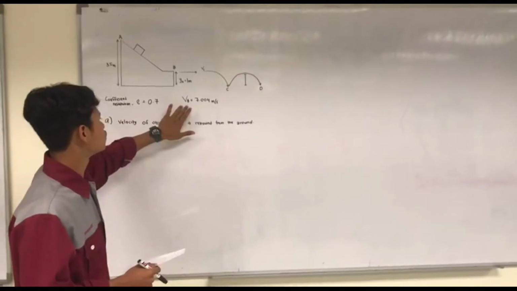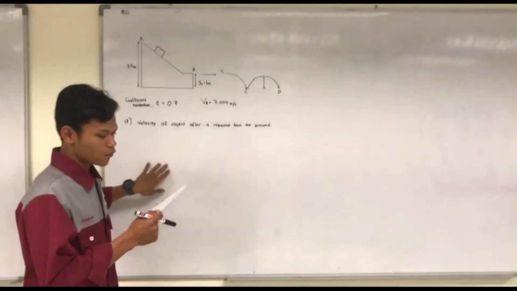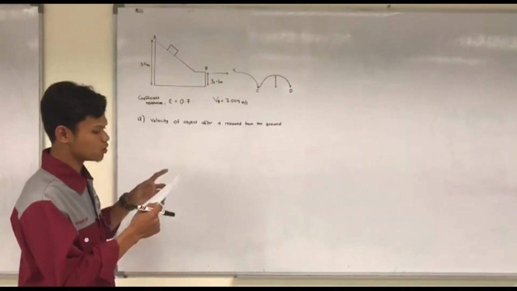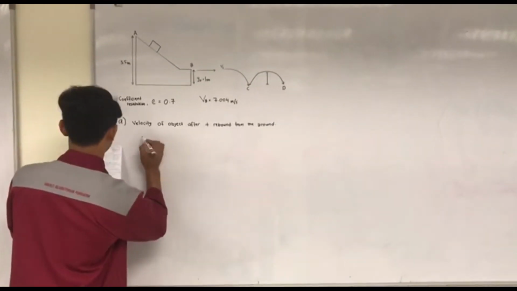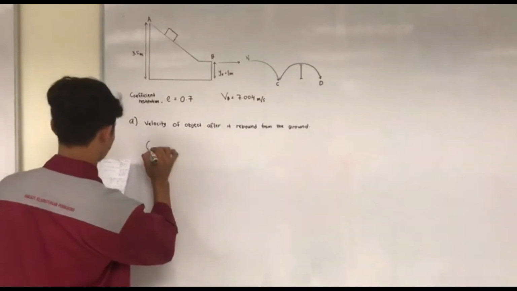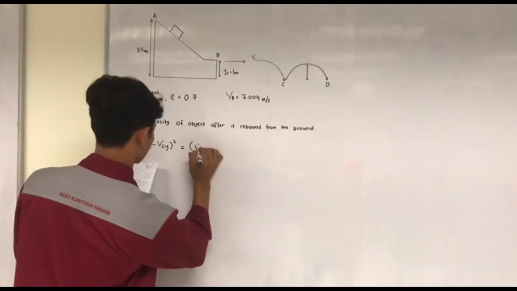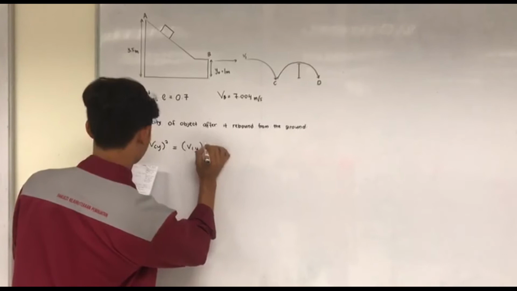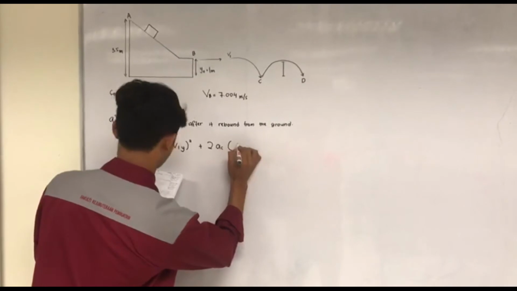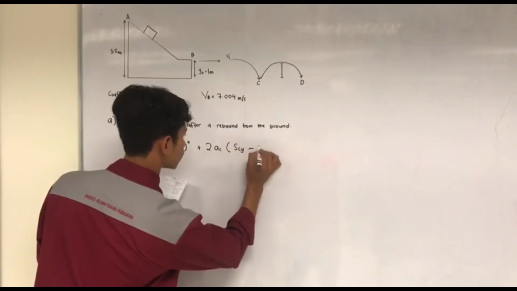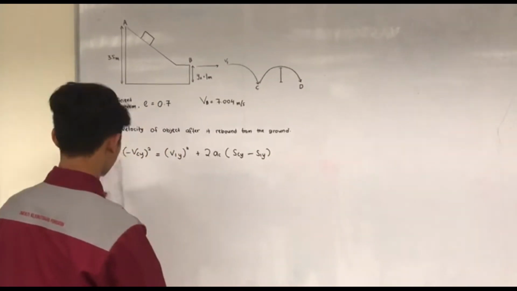So this is the velocity at point B. From the vertical motion, we use the formula to find the velocity on the y-axis.